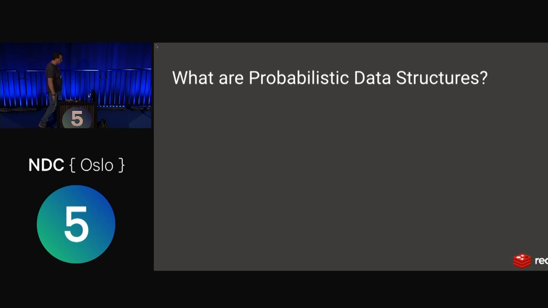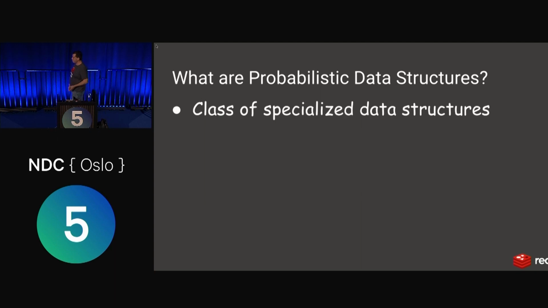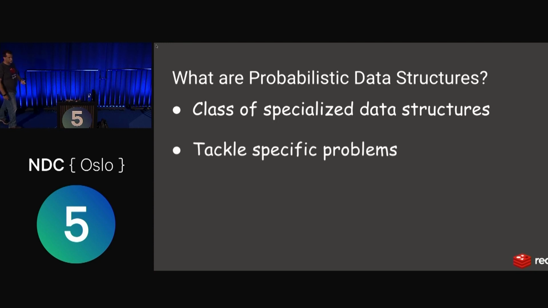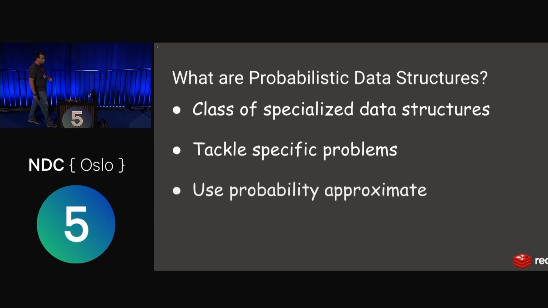So what are probabilistic data structures? Like we saw, about 10 to 15% of the people in here had heard of a probabilistic data structure before. A probabilistic data structure, though, is a highly specialized data structure that usually answers a very specific problem and a very specific question about the data that we're encountering. We use probability to approximate an answer to whatever question we're asking.